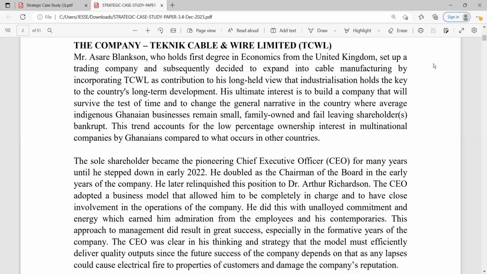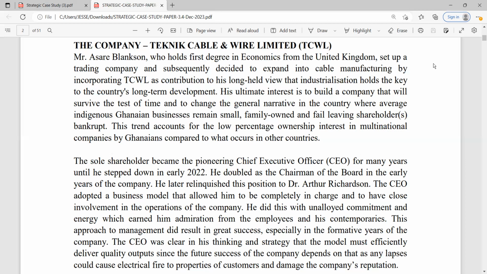The CEO adopted a business model that allowed him to be completely in charge and to have close involvement in the operations of the company, because that's what you want the CEO to be doing, to be totally involved in the operations of the company and not be doing two things at the same time. And you would also want a different person to chair your board, just for separation of powers, to ensure that one person is not absolutely corrupted by power.